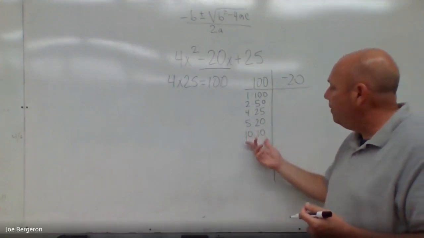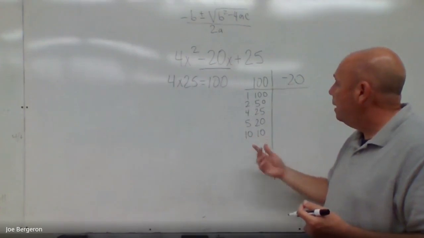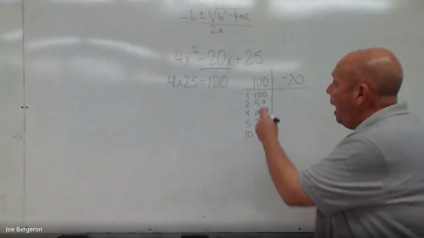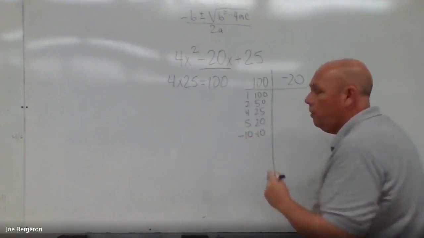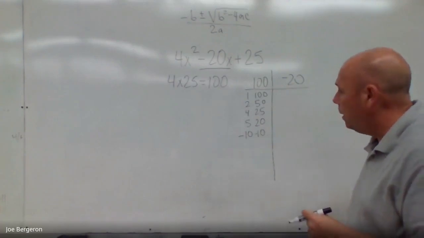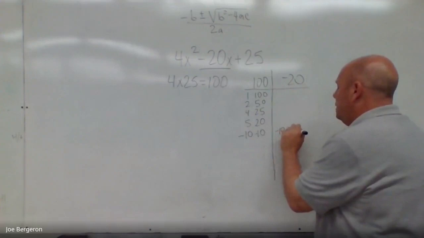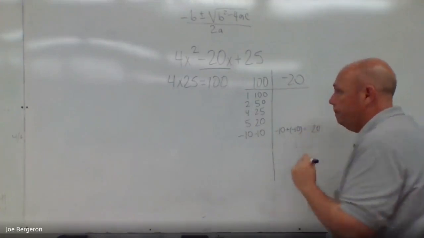But look here, I've got 10 and 10 right here. So what could I do to give myself a positive 100? Well, what if I did both of those as negatives? Okay. So negative 10 plus negative 10 gives us negative 20.